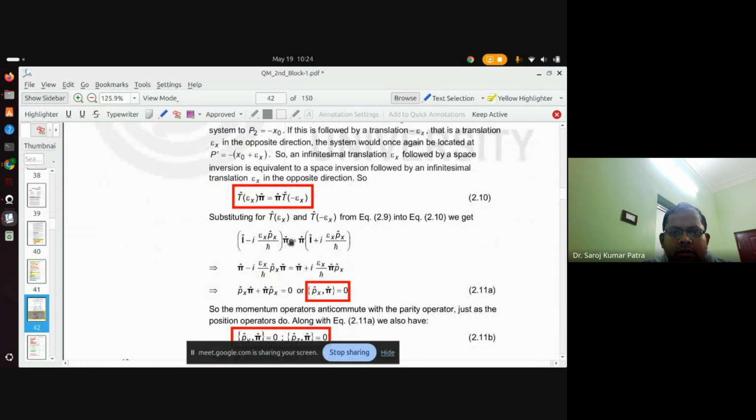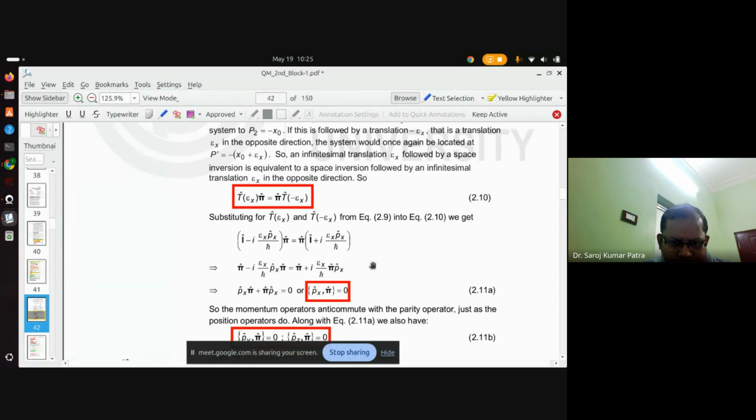Okay. So if we substitute again, so if we take this equation and substitute the form of t is equal to I cap minus I epsilon x px by h cross, and t of minus epsilon x will basically become, epsilon x की जगह minus epsilon लिखना है, so I cap plus I epsilon x px by h cross.